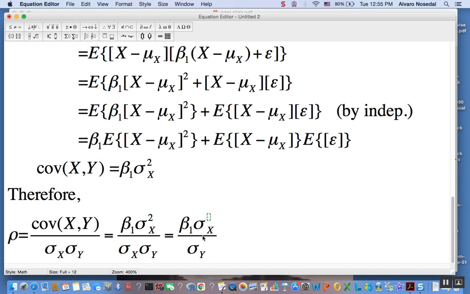In this case, the correlation coefficient is beta 1 times sigma sub x divided by sigma sub y. That's the summary of what we have done here together in this video. This expression will be useful in the near future in another video when we talk about a quantity that will help us measure the strength of linear associations. That quantity is called the coefficient of determination, and it is related to rho. But we will talk about that later.